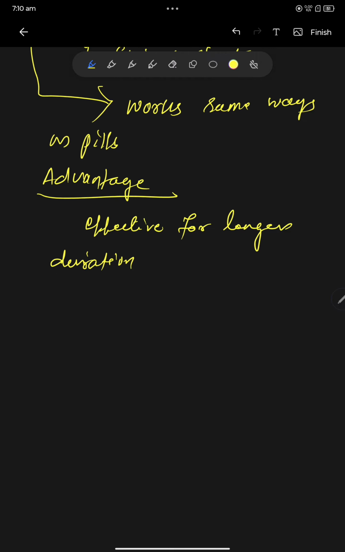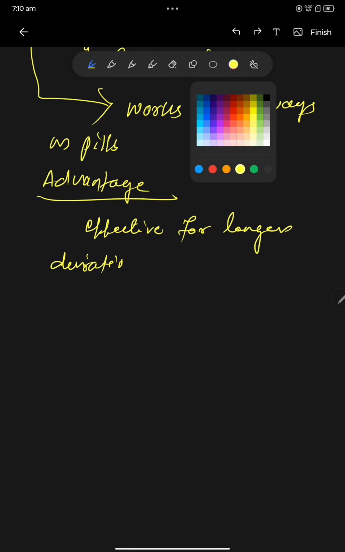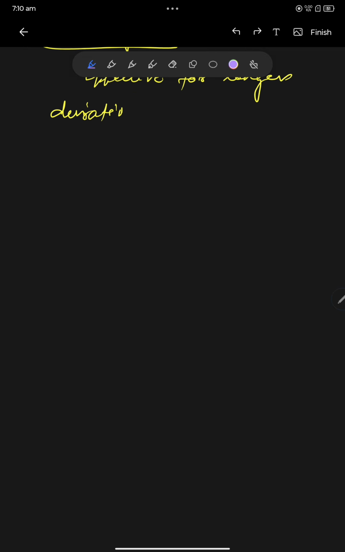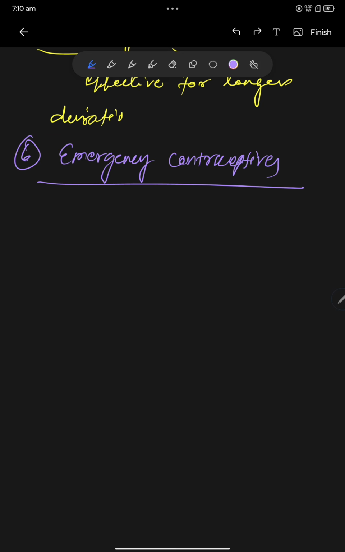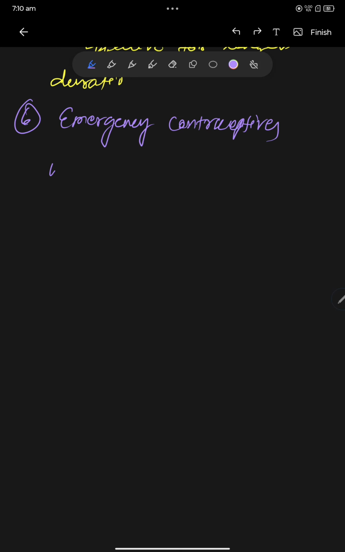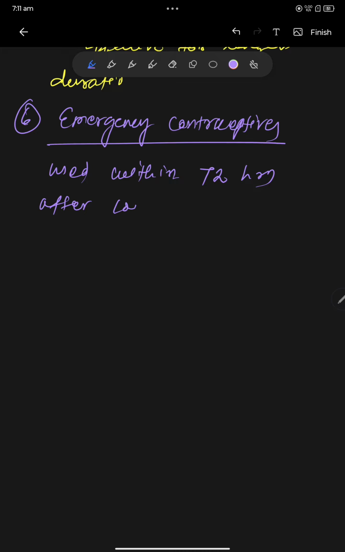Okay. Now the last one is the emergency contraceptive, very important, used within 72 hours after coitus.